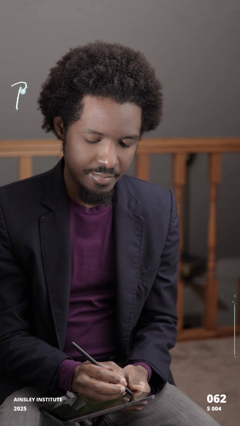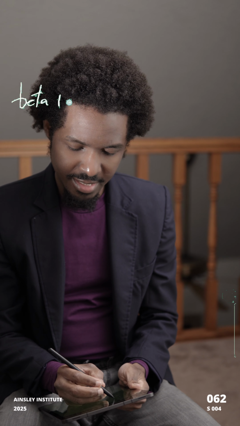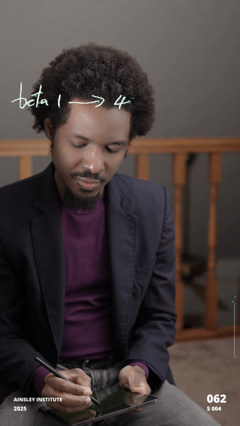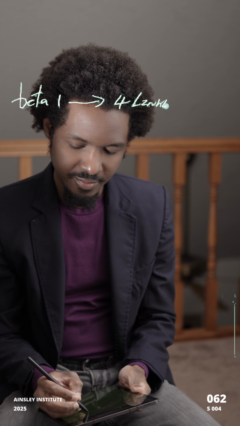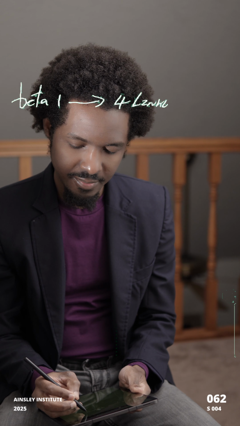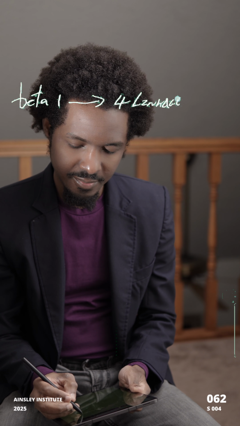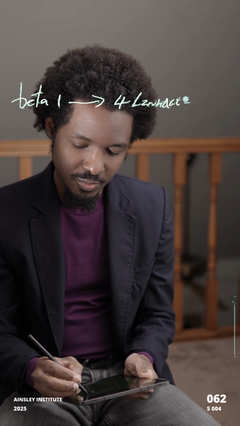So let us see if we can put this on our board. So we have beta, beta 1 goes to give us a 4 linkage, and then this now gives us type 2.